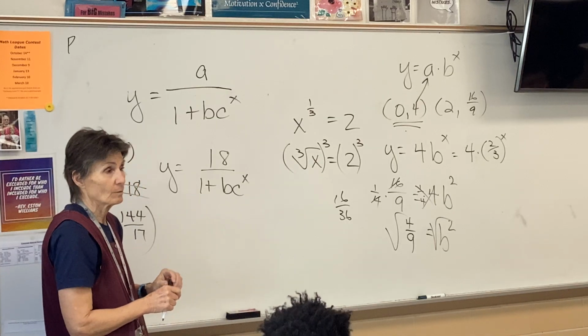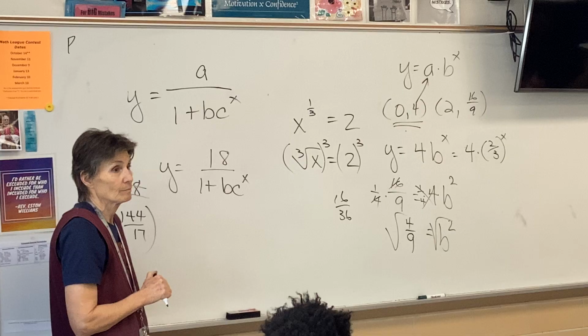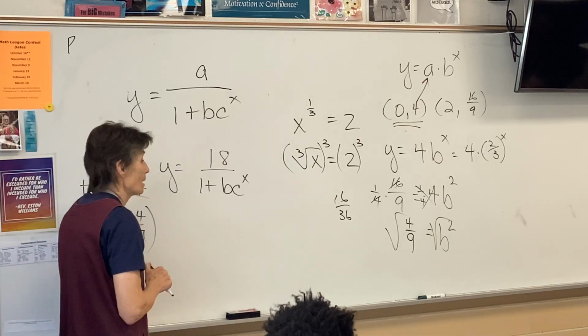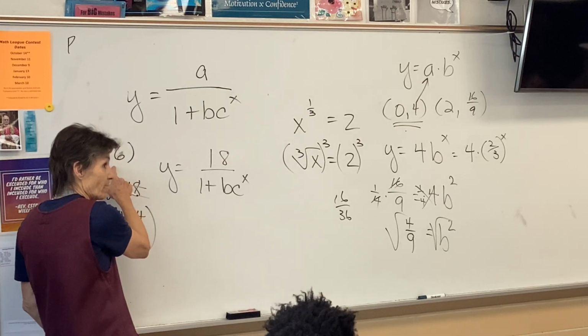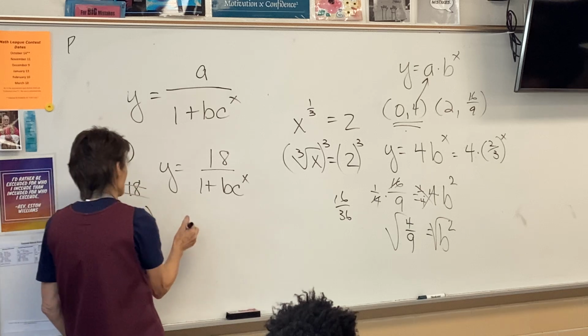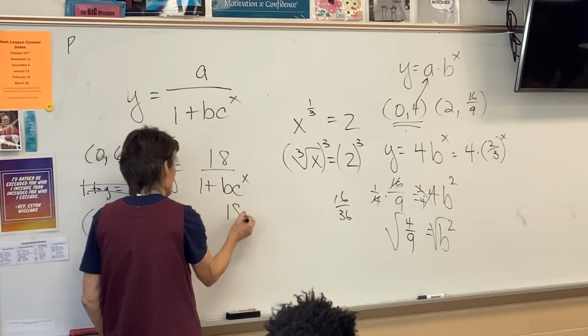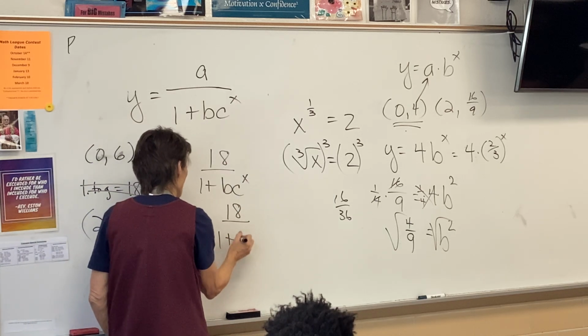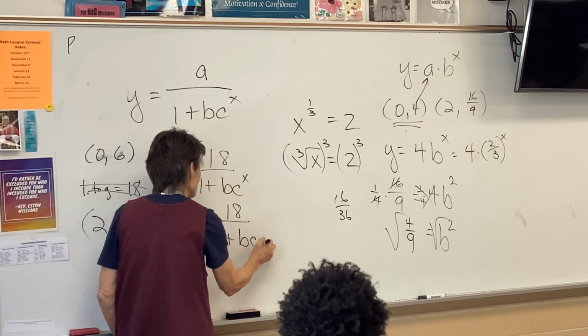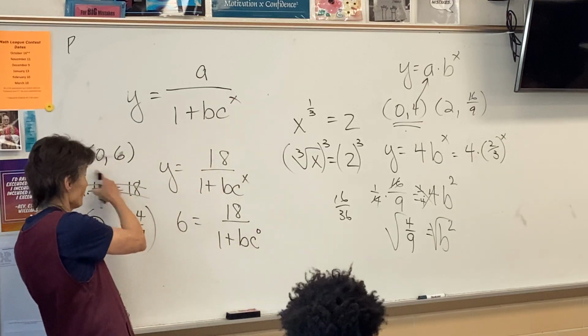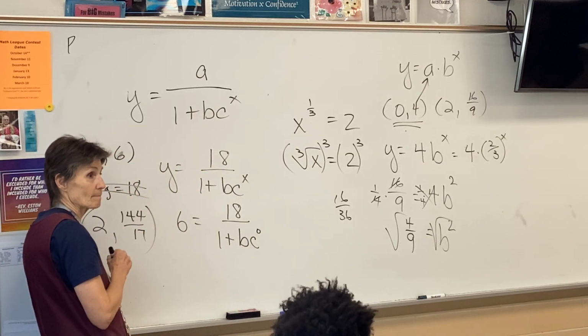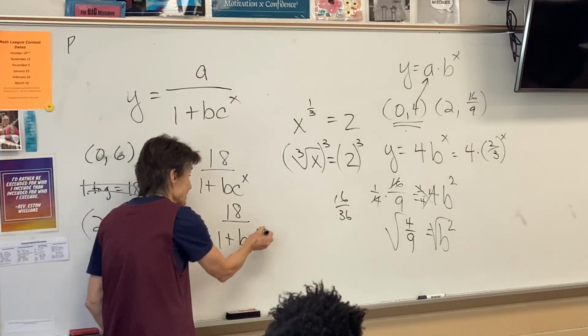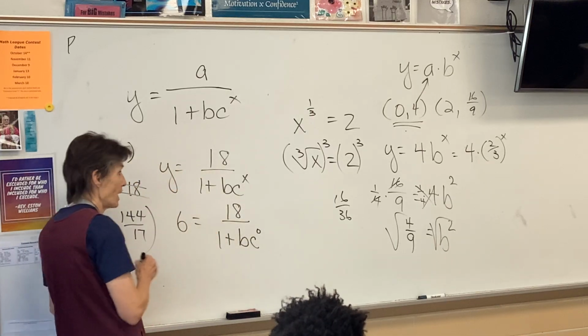Now what do I do? Fill in 6. I fill in this point right here. So 6 equals 18 over 1 plus BC to the 0th. What is C to the 0th? 1.